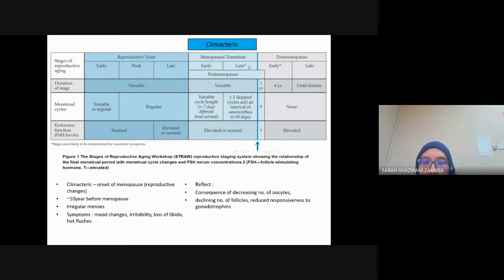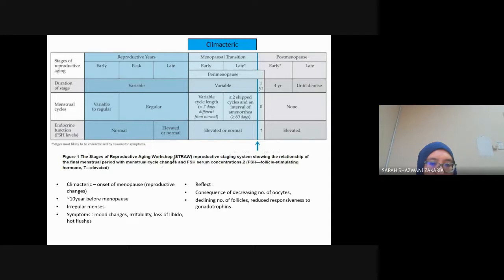And then towards the late menopausal transition here, two or more skipped cycles within the month. So that is a signal also that the women here are arriving at the menopause stage. FSH is elevated more than normal, because the stimulus of negative feedback is decreasing.